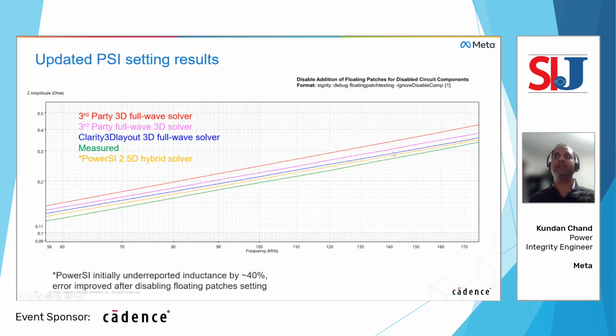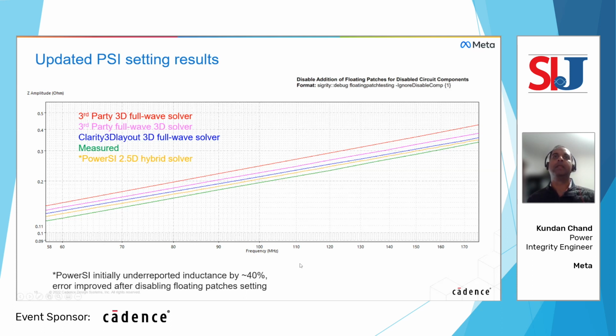So the green is showing the measured impedance, and you can see the other tool solvers are reasonably correlated to the measured result. One of the things I want to note here is that when we ran the simulation initially, PowerSI was reporting around 40% lower impedance compared to the measurement.